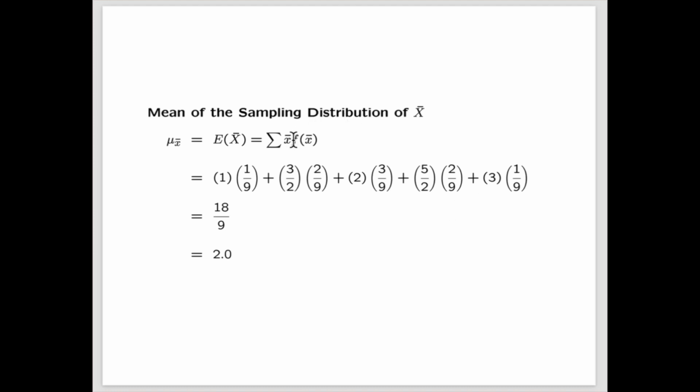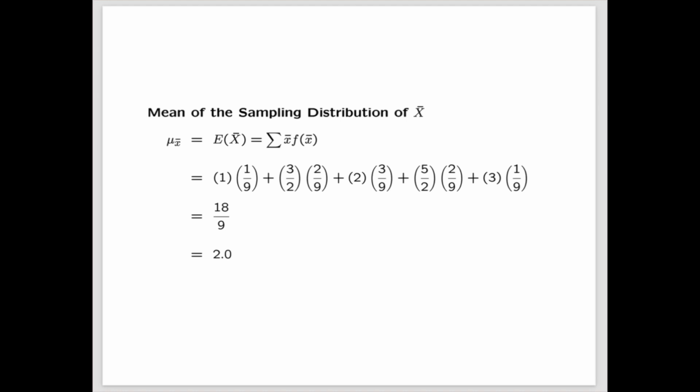The corresponding values of the PMF of X bar, or the sampling distribution of X bar, evaluated at those values would be 1/9, 2/9, 3/9, 2/9, and 1/9. And so then we calculate this weighted sum, which is also a weighted average because the sum of the weights is 1, and we get 2. So that is the mean of the sampling distribution of the sample mean X bar.